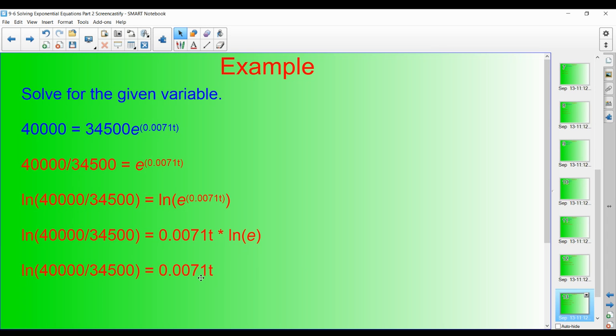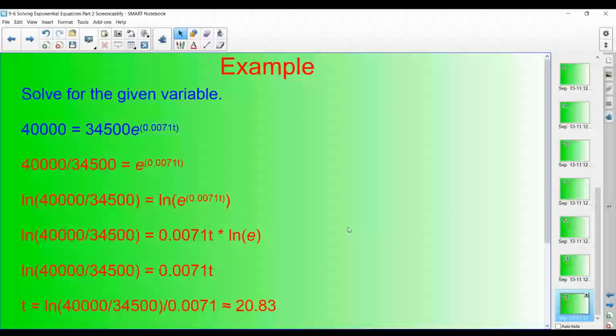And now I can just divide by 0.0071 on both sides. And I have a really, really long expression. It looks complicated, and it is. But this gets me my exact answer, and if I needed to round, I use the calculator. I have a natural log button on my calculator, and I get approximately 20.83.